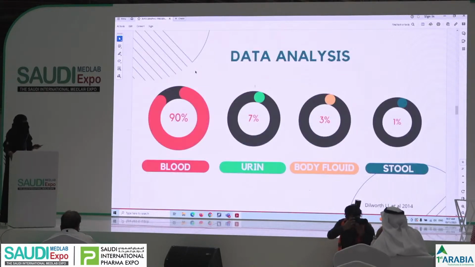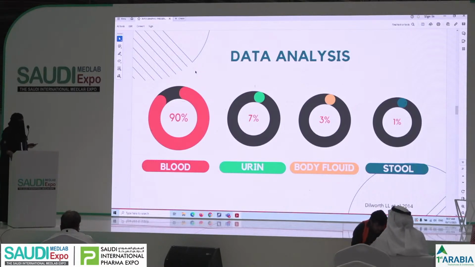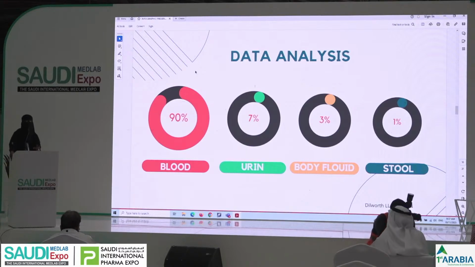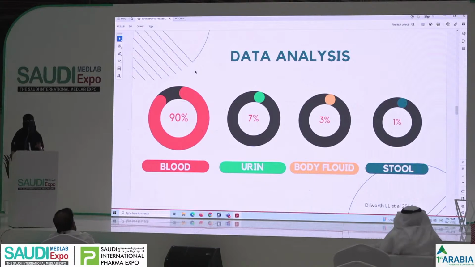So when we analyze all samples rejected in the laboratory, about 90% of rejected samples in the medical laboratory are blood. That means we have a big issue with collection of blood from different clinics, from different phlebotomists and different sections or departments in the hospital.